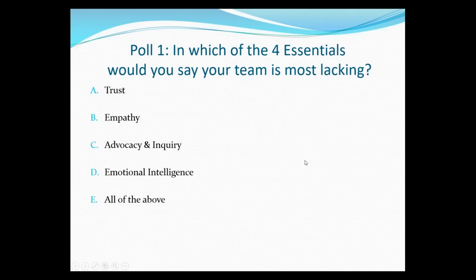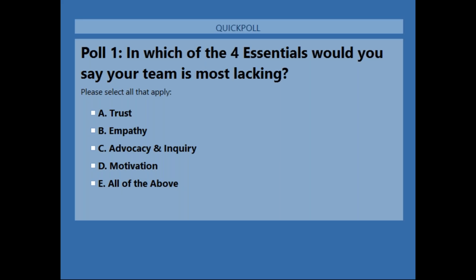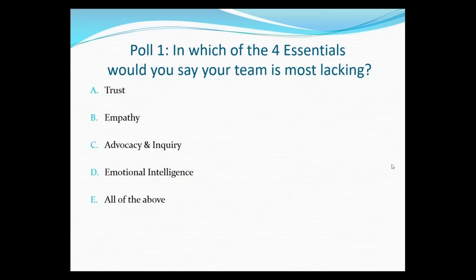Now you should see on your screen a way to make a selection from the 5 options there: trust, empathy, advocacy and inquiry, or emotional intelligence, or maybe all of the above. And I'll wait another second to have people make their selection. And then I'm going to close the poll and show the poll results.